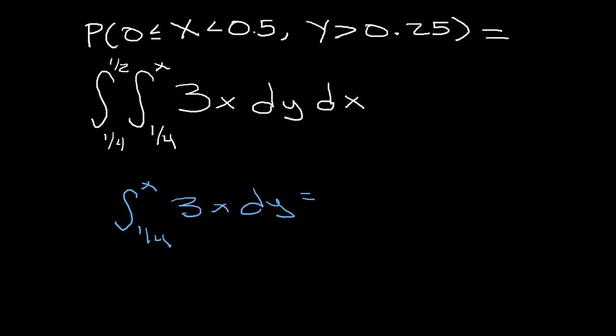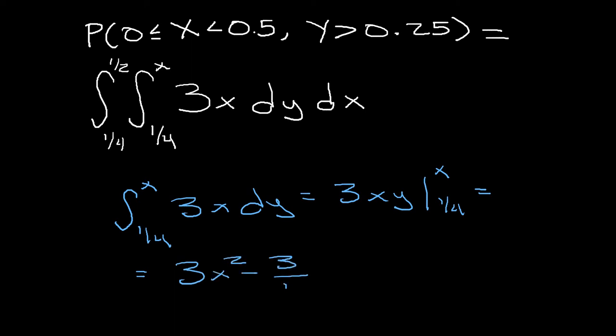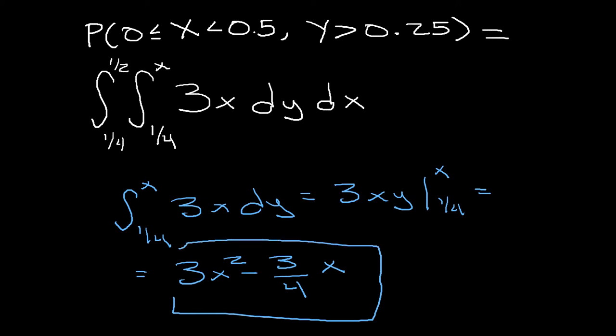This integral, of course, is going to be 3xy, and we're going to evaluate from 1/4 to x, and this is going to be just, let me write it over down here, 3x² minus 3/4 of x. So now we can plug this value instead of our first integral.